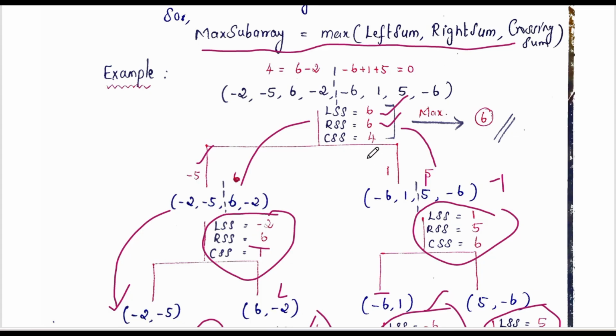How to find CSS? The same procedure. We divided the array into two parts. This is left, this is right. Left starts from the element minus 2. Here right starts from the element minus 6. Clear? Then perform the add operation here. So add minus 2 with 6. What is the value? The value is 4, right? So the initial value is minus 2. But now after adding, the value is 4, the value will increase, right?